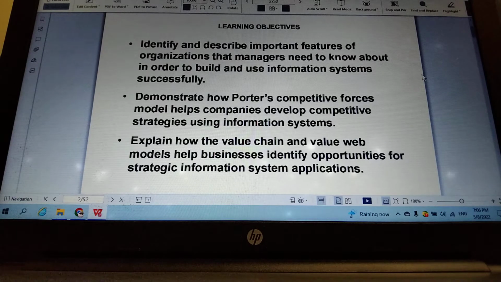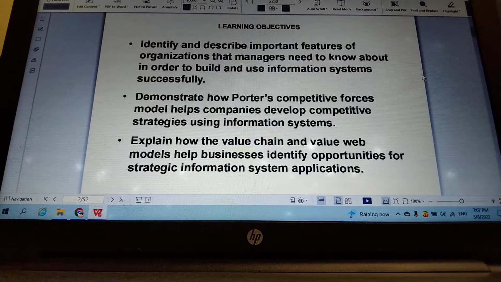So this learning objective is more focused on managers, people like you, middle managers, line managers, operational managers, where you need to know how to build and use information system successfully in your daily tasks.